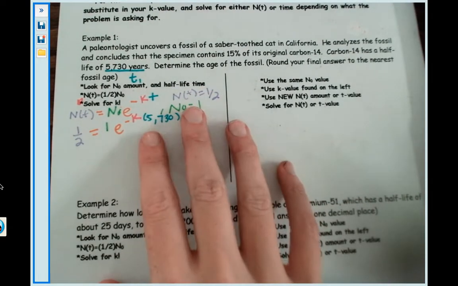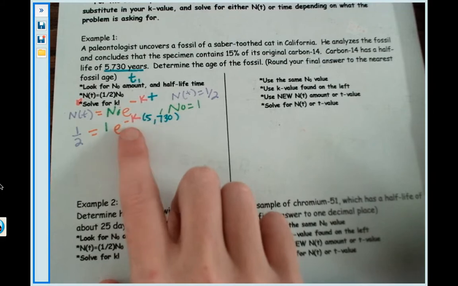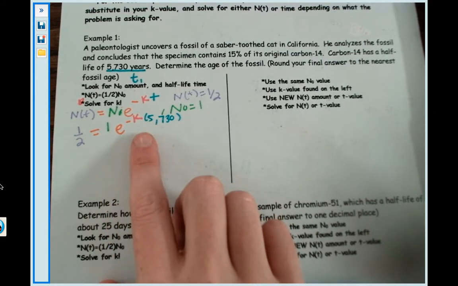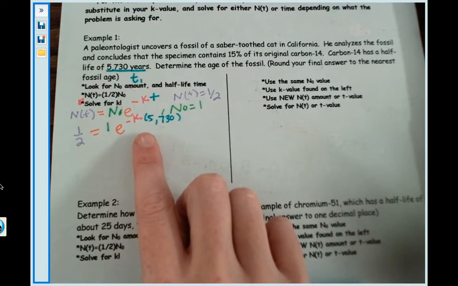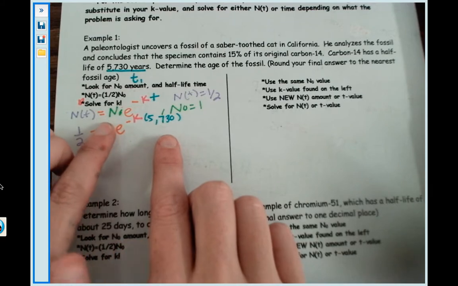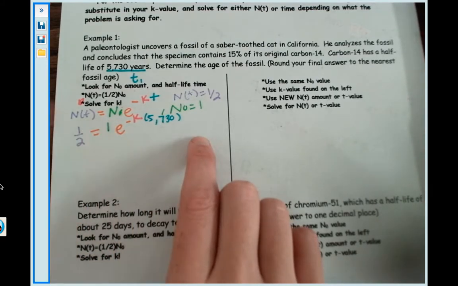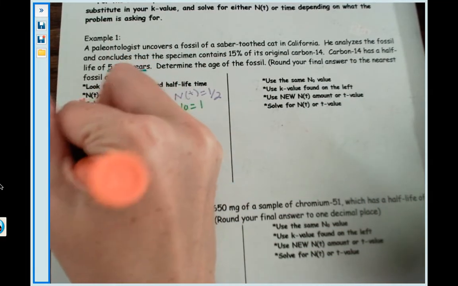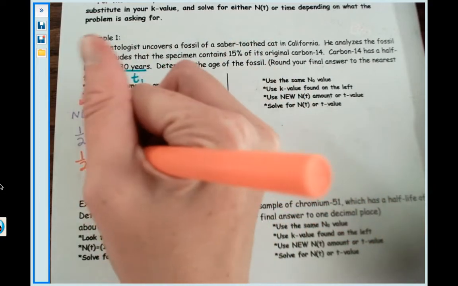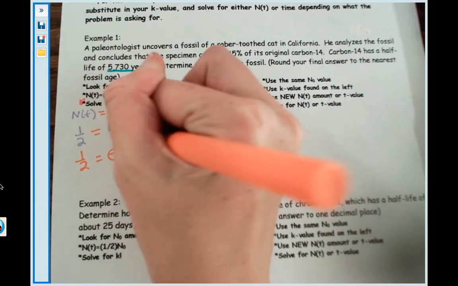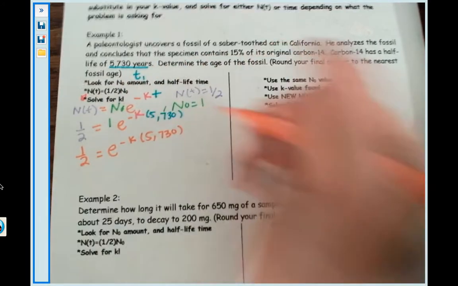So I need to move everything over but my e and my exponent. Technically I don't even have to move the 1 over, because 1 times anything is itself. So currently what I have is 1/2 equals 1 times e to the negative k times 5,730.